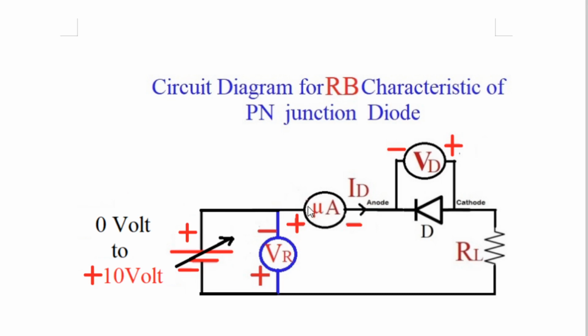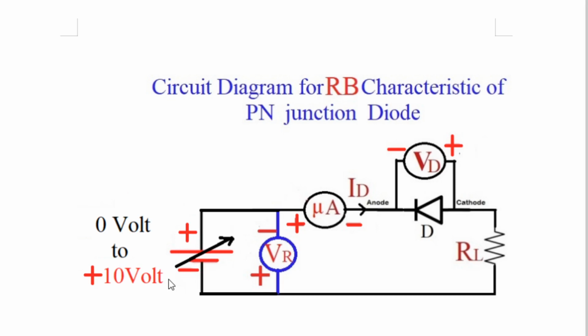So in this diagram, the positive of the battery is connected to the cathode of the diode and the negative of the battery is connected to the anode of the diode. And this is very important: this voltage source is variable from 0 to 10 volt.